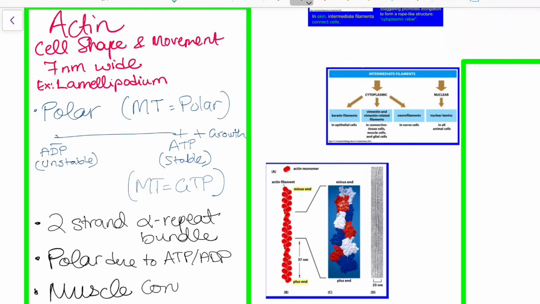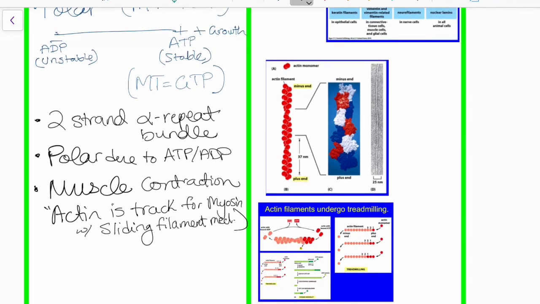So in muscle contraction, actin is the track for myosin, with the sliding filament mechanism. This is what we call the muscle of the cell, or the contractile unit. So actin is the muscle of the cell, or the contractile unit.